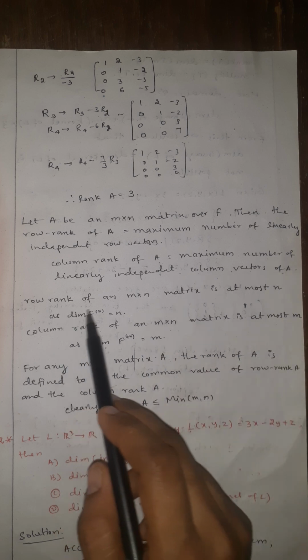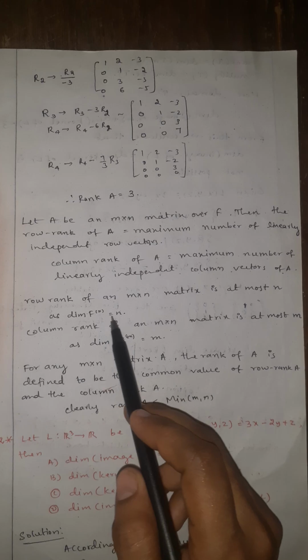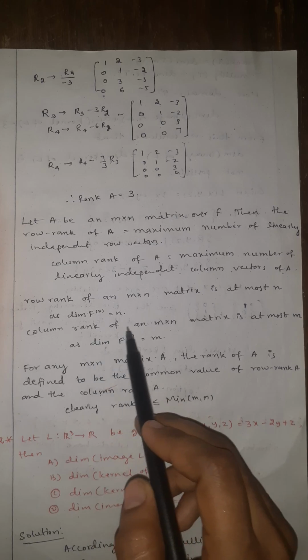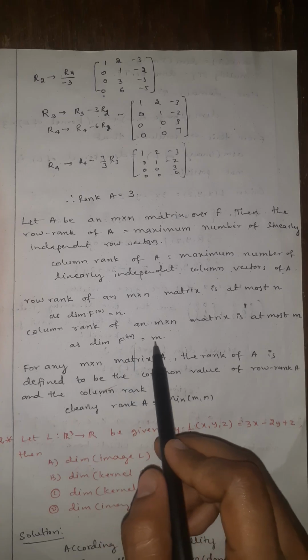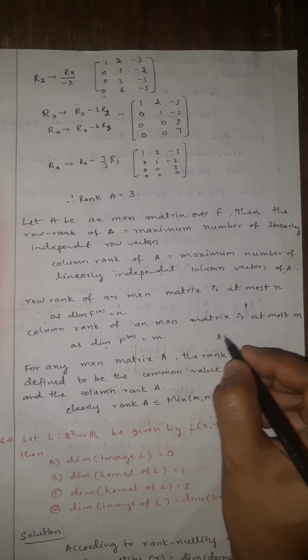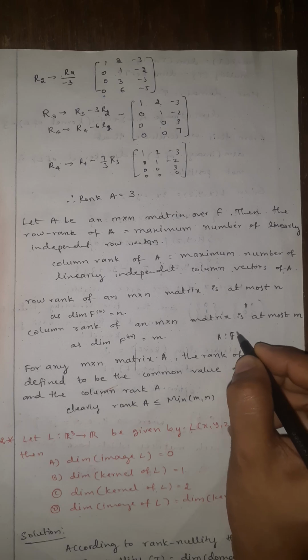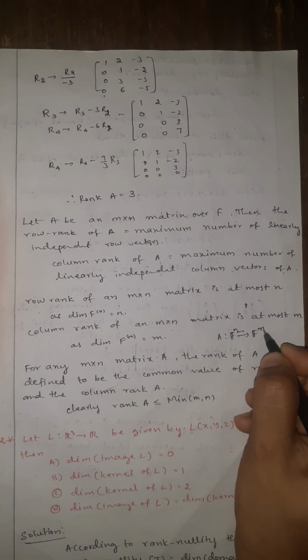The row rank of an M by N matrix is at most n as dimension of Fn equal to n. Column rank of an M by N matrix is at most m as dimension of Fm equal to m. See, an M by N matrix is a linear mapping from Fn to Fm.